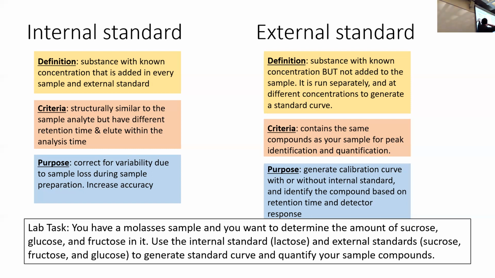The criterion for an internal standard is to be structurally similar to your compounds of interest. By being structurally similar, it will elute during your analysis time, but it will not co-elute with any of your compounds. This is a must, otherwise it's going to be useless.